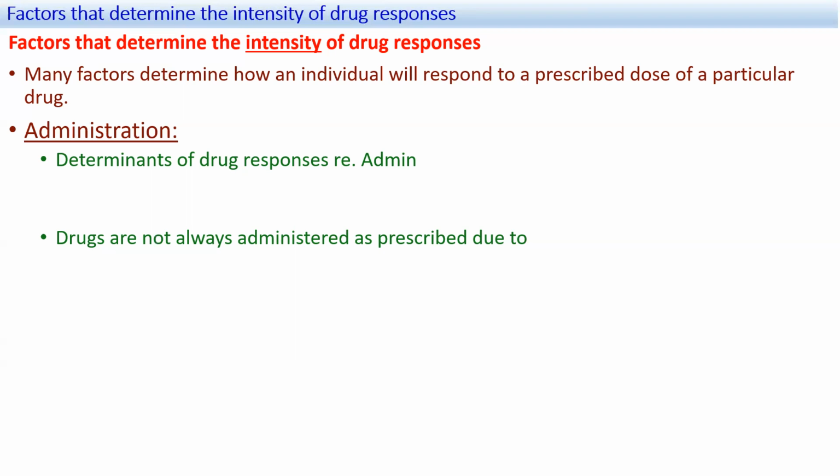There is always a reason for patients not being adherent or compliant with the drug regimen. Patient adherence is another main factor for drugs not being administered as prescribed. Medication errors, patient adherence.